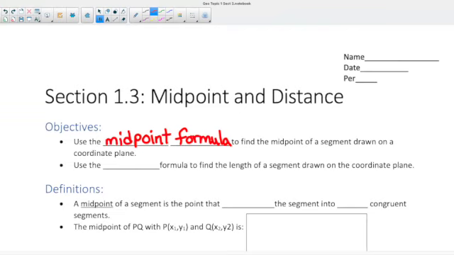Use the distance formula to find the length of a segment drawn on the coordinate plane.